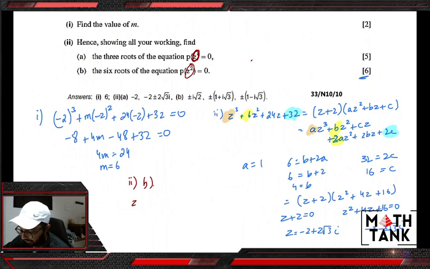So the three answers that you got here were these. So z squared equals minus 2. That was the first root. So I'm going to say that z squared equals minus 2, or z squared equals minus 2 plus 2 root 3i, and minus 2 minus 2 root 3i is also z squared.